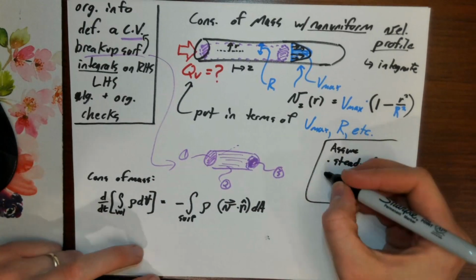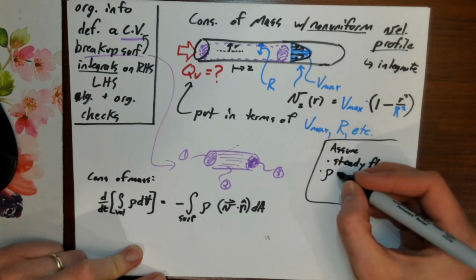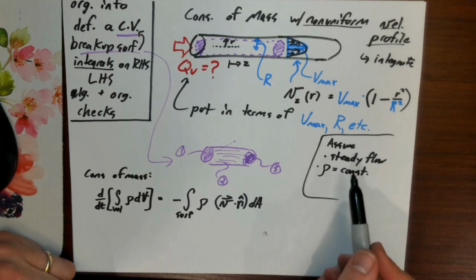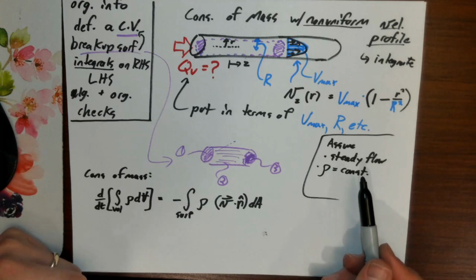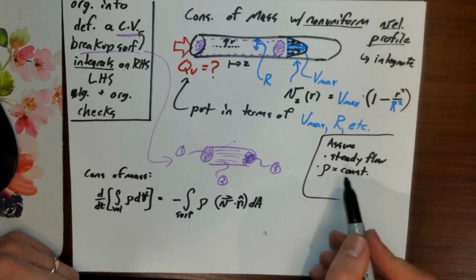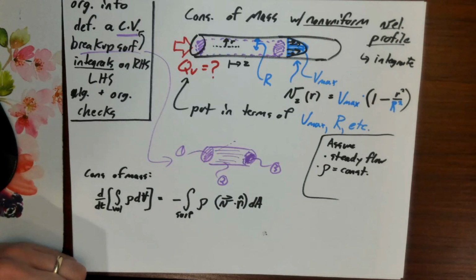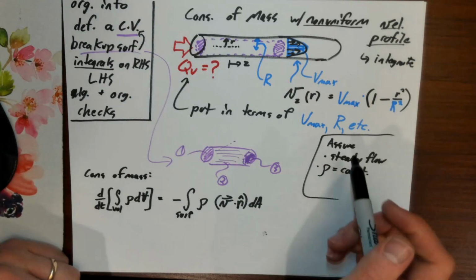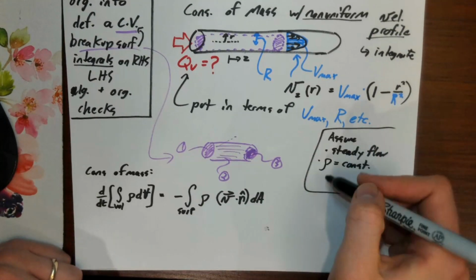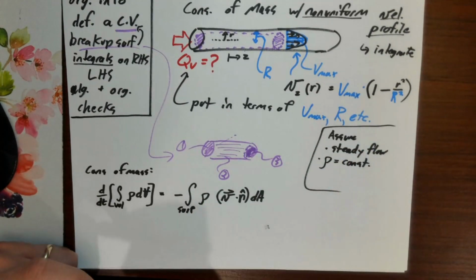So let's assume we have steady flow, and let's assume that we have a constant density fluid, right? We're not dealing with the case where we had one type of fluid in the pipe and we're gradually replacing it with something else. Let's just assume we have this constant density right here. Okay, so we might add a couple more assumptions later on, but let's deal with these for now.